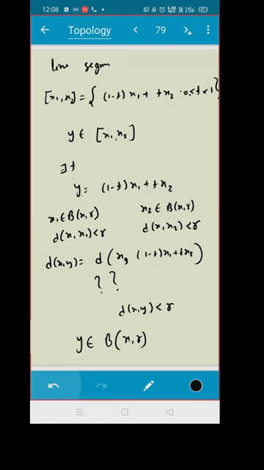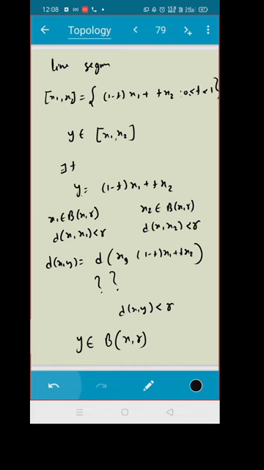Since d of x comma x1 is less than r, then d of x comma alpha x1 will be less than r if alpha is less than 1.